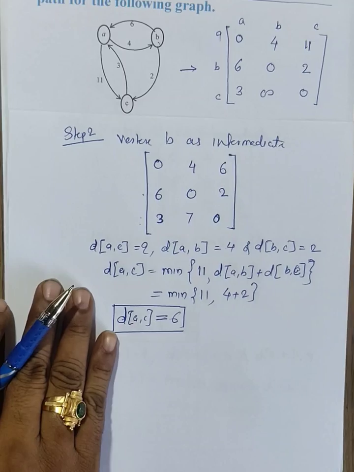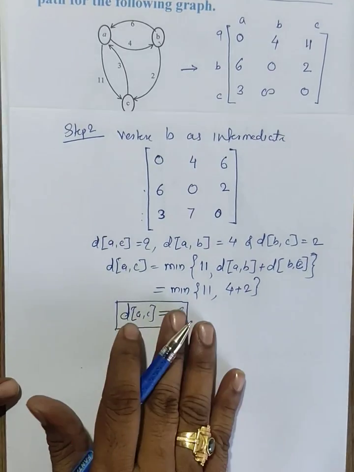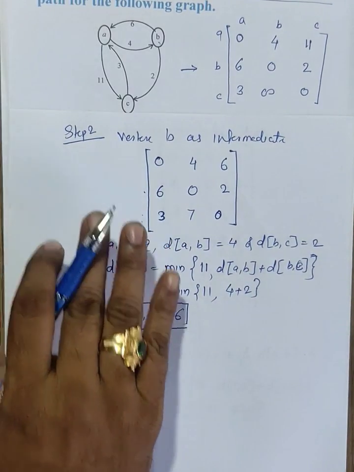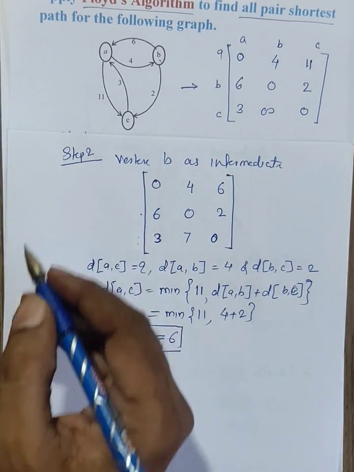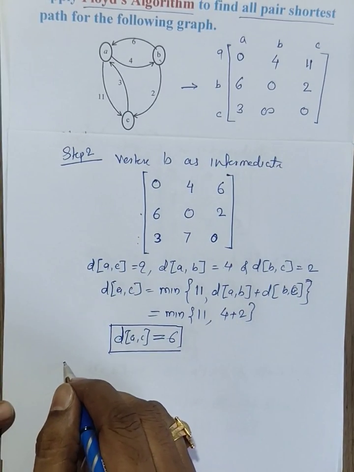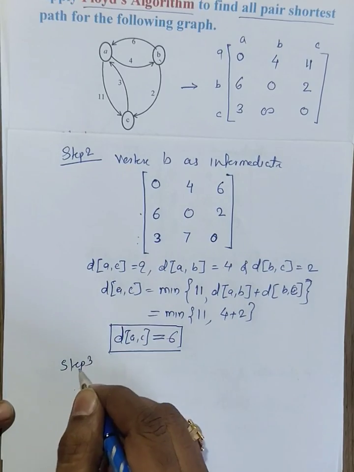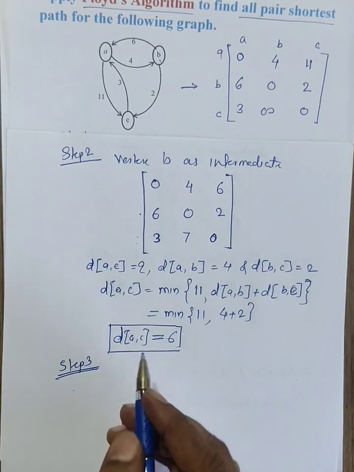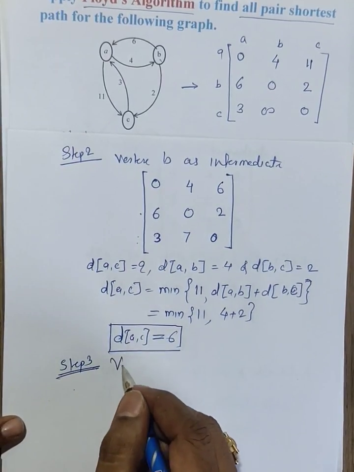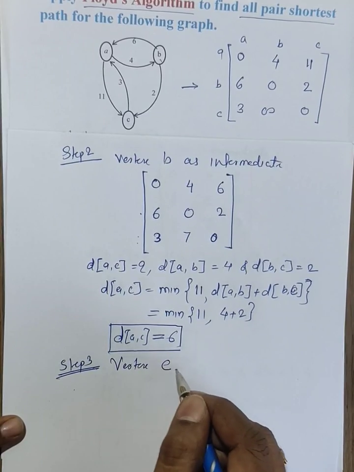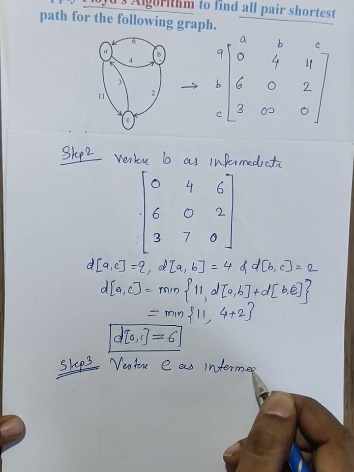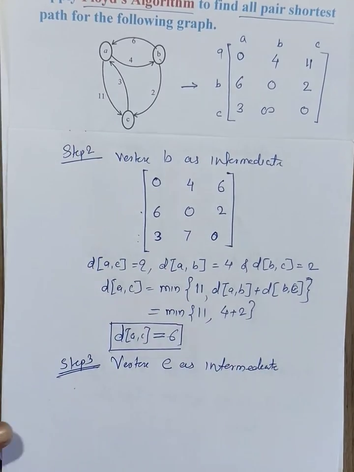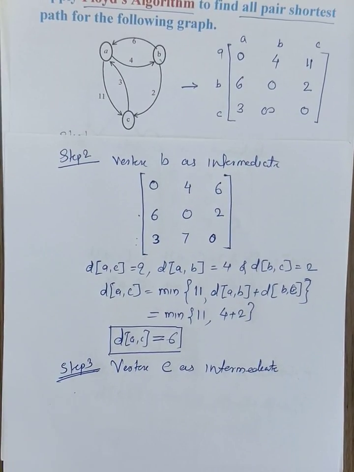Next we can change the next intermediate state, step 3. We have to solve up to step 3 because the total number of vertices is 3. If total number of vertices is 3, means we have to solve up to step 3. In step 3, vertex C as an intermediate vertex. If C is an intermediate, means now all are intermediate.